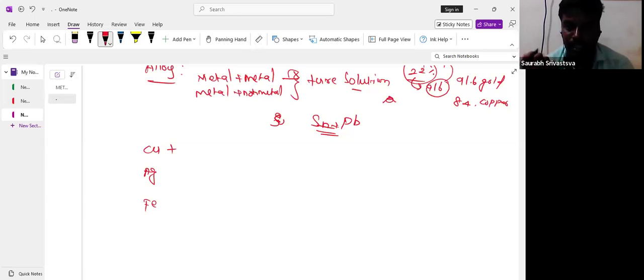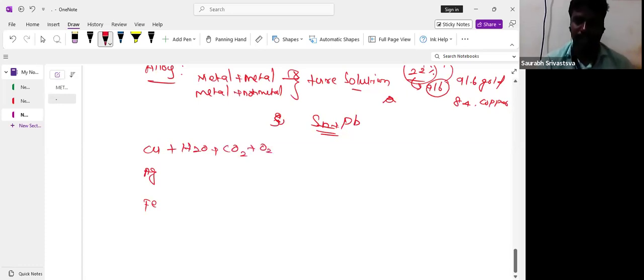When you are getting sweat or water mixed with the copper, then it becomes a green color coating. How is the green color ash forming? What is the formula of the green color ash? Copper reacts with H2O, that means water, and carbon dioxide. In the atmosphere, carbon dioxide is there, and next oxygen.